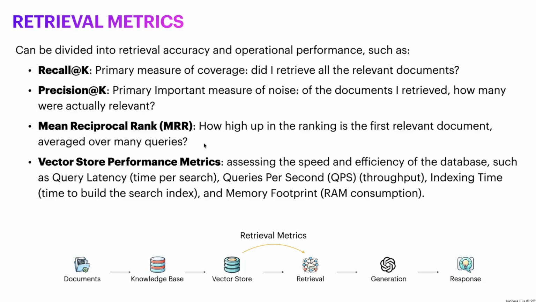This essentially answers the question of how high up in the ranking the first relevant document is, averaged over many queries. This is also a quite direct measure of the performance of the retrieval. So these three very commonly appear in many RAG papers.